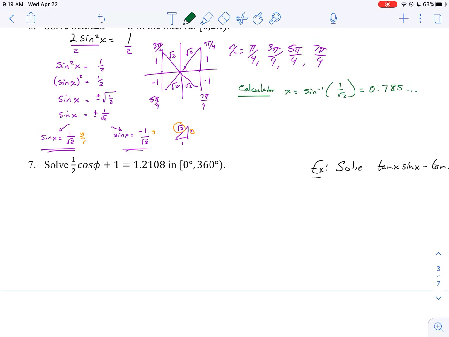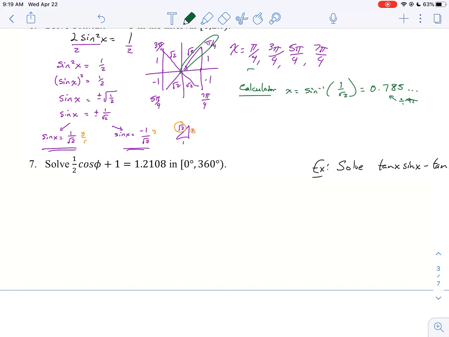And that's in radians. If you're in degrees, it'll just tell you 45 degrees, and then you can change it. Another option is to take this number and divide by pi. If you divide that number by pi, it's going to give you 1/4. And so that gives you this angle.